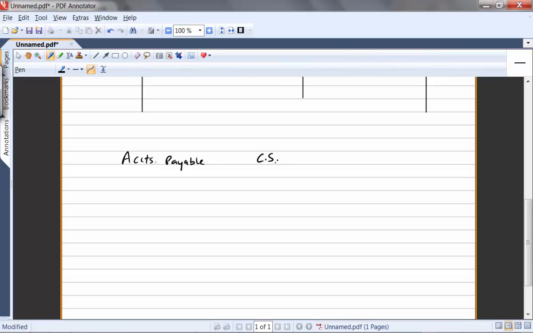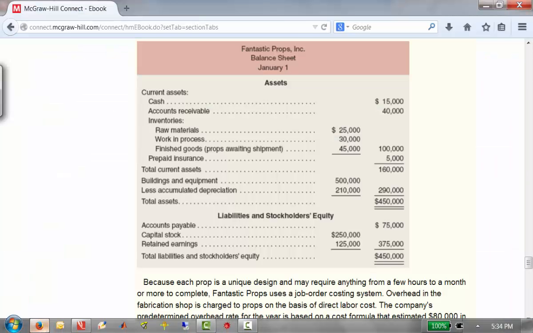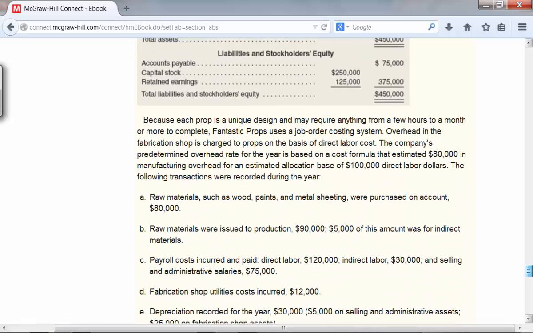Capital stock I'll just abbreviate CS. And retained earnings I'll abbreviate RE. Alright. Now, let's see. Is that it? Yep. So that's part one. We've done part one.